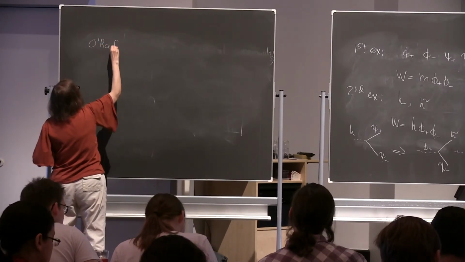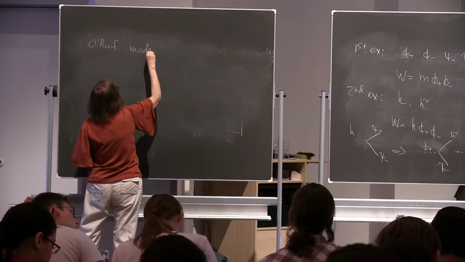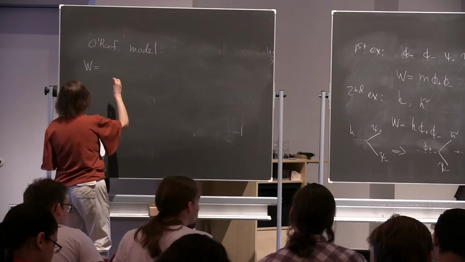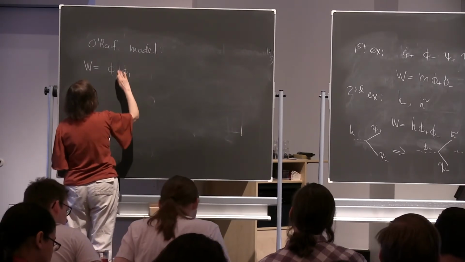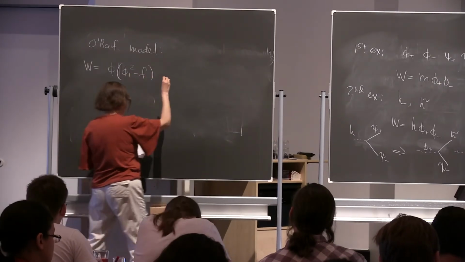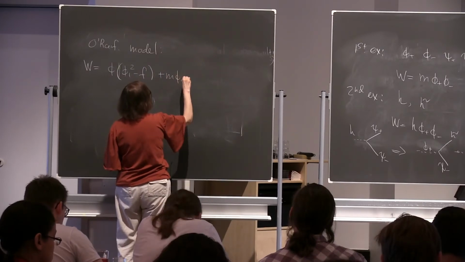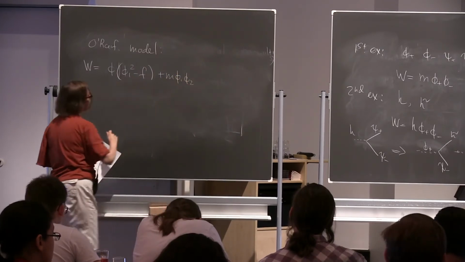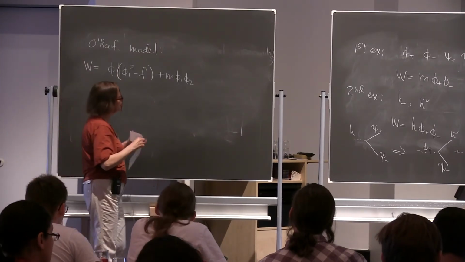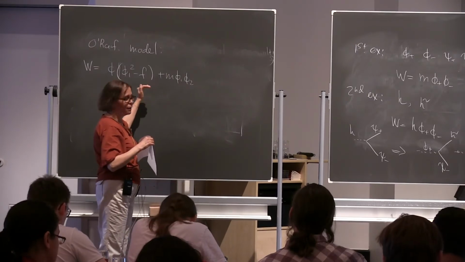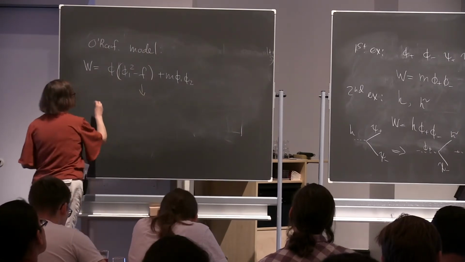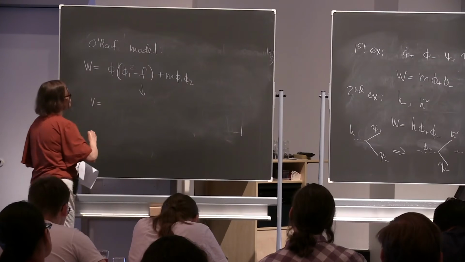For the O'Raifeartaigh model, the superpotential is of the following form: phi 1 squared minus f, plus m phi 1 phi 2. And again, you can take this, derive the Lagrangian from this, and you'll convince yourself that you'll get, in particular, the potential that we wrote down before. So the potential that follows from this is the following.